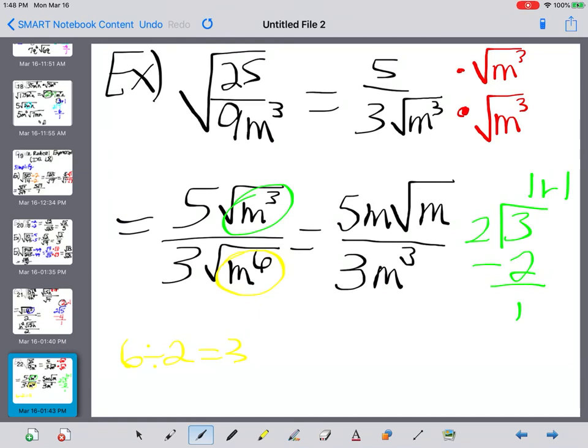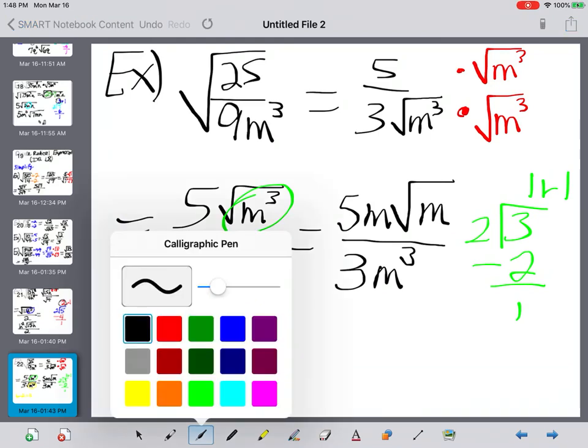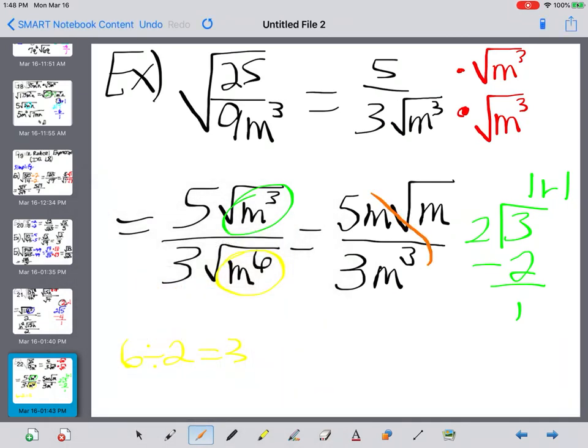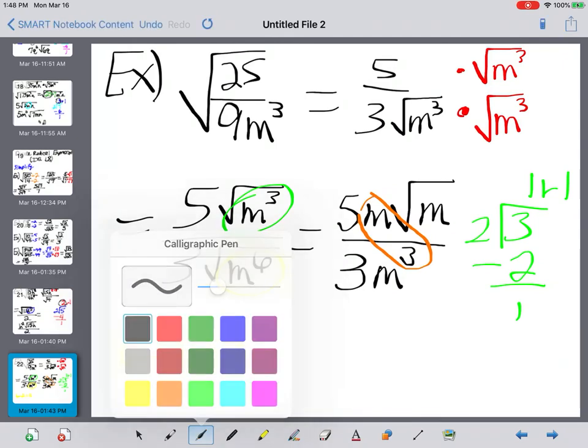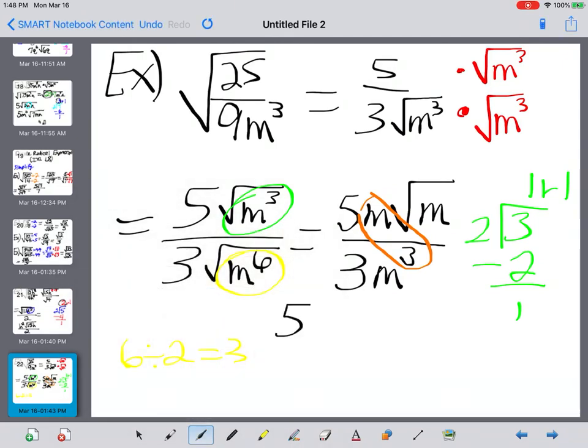So our last thing, let's handle this. Let's show it in orange, so we can actually deal with those. So when I have 5 on the square root of m, remember my biggest one's on the bottom, so that means all of our action's going to stay on the bottom.